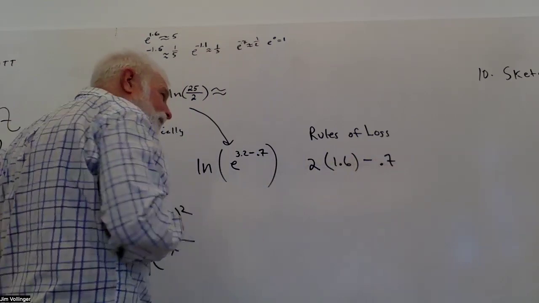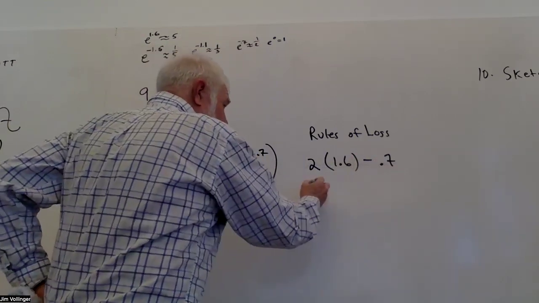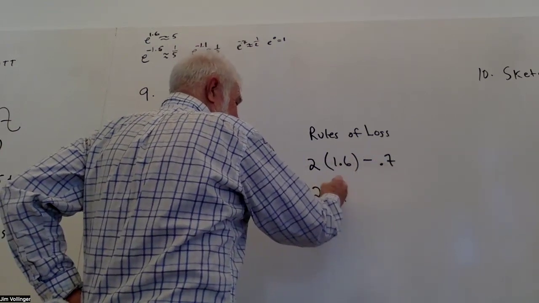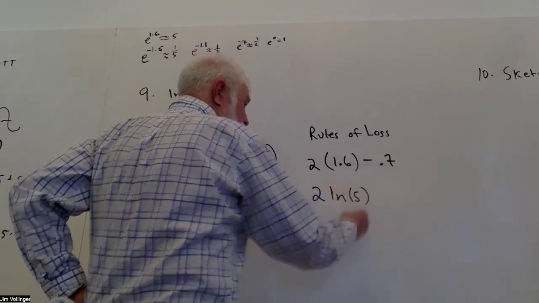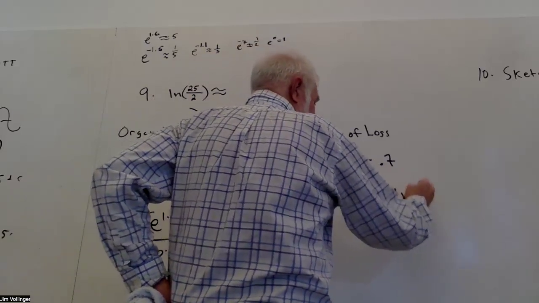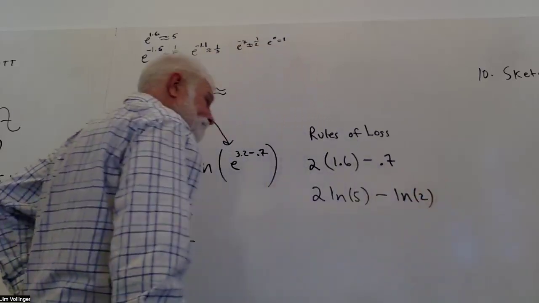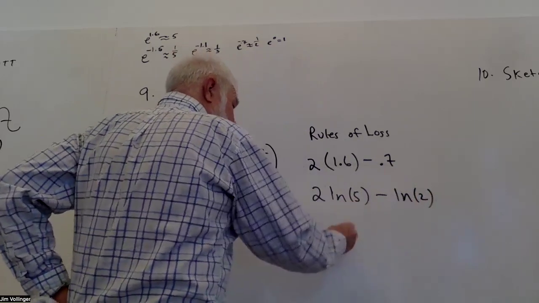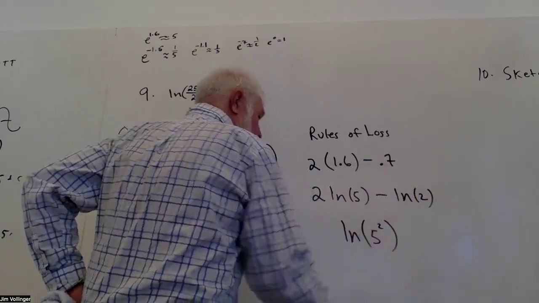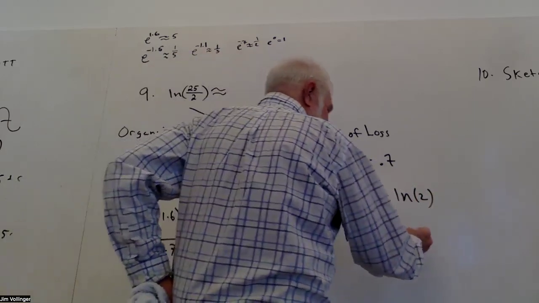Okay, finally on the right page. Now, what's another name for 1.6? That's the ln of 5. Minus 0.7 is the ln of 2. And this doubling occurred when that 2 was inside the parentheses.